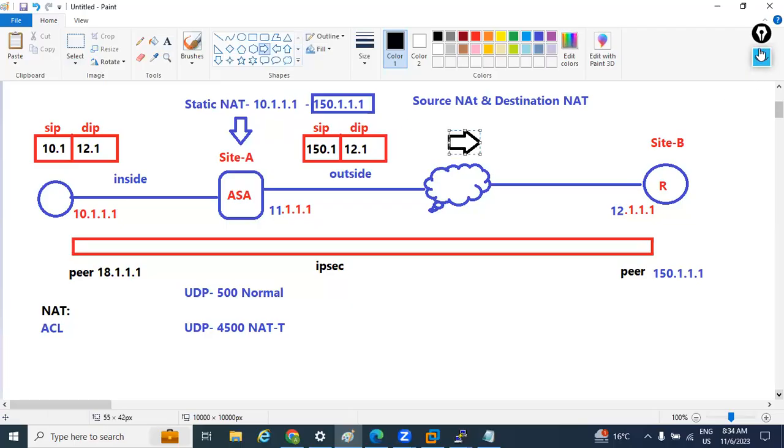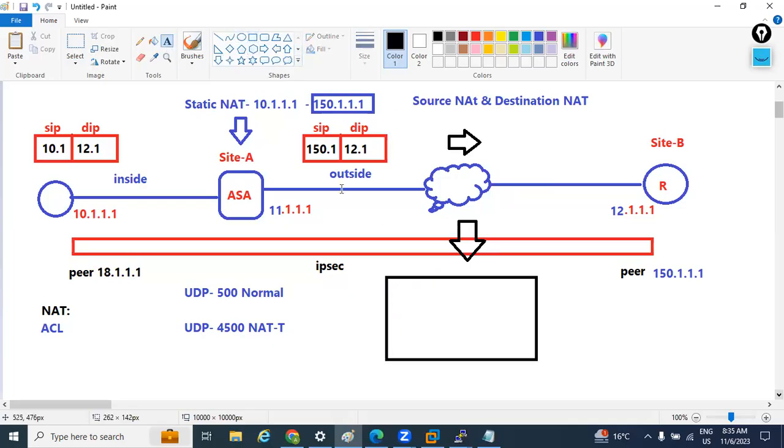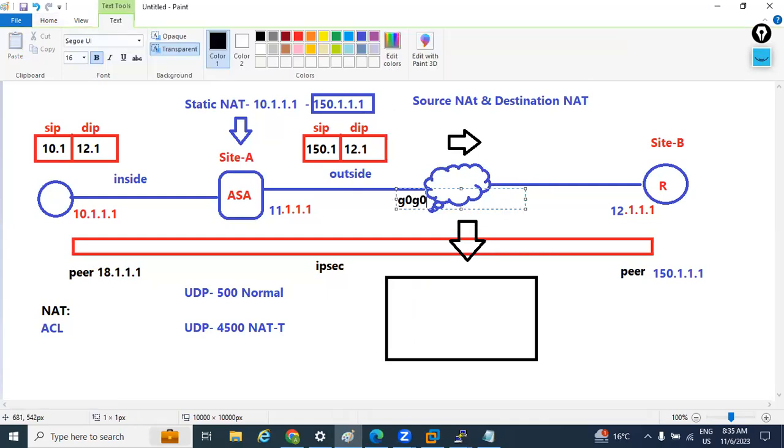Right now this 12 network is directly connected with this ISP, because here we have the routing table of ISP, and in the ISP route table we have two routes. Let's consider this interface is 0/0 and this is 0/1.